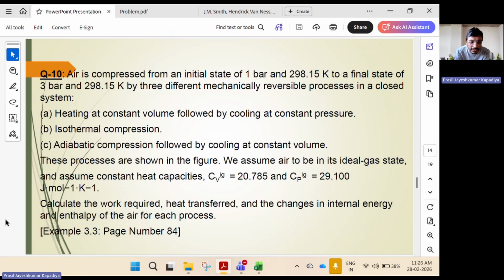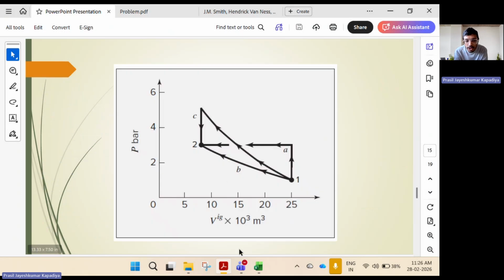The first route is heating at constant volume followed by cooling at constant pressure. So this is one way I am reaching there.